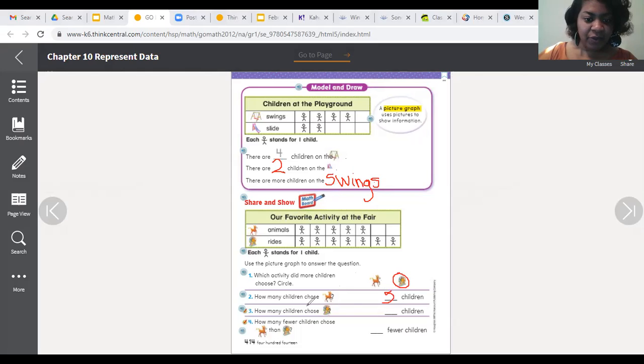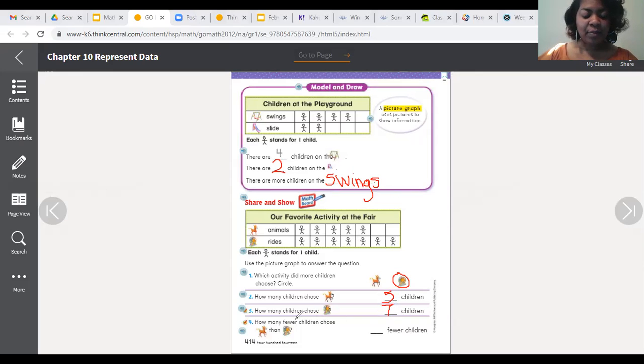Let's look at number 3. How many children chose the rides? So let's look and see. 1, 2, 3, 4, 5, 6, 7. So there were 7 children that chose rides. So we're going to write 7 right here.